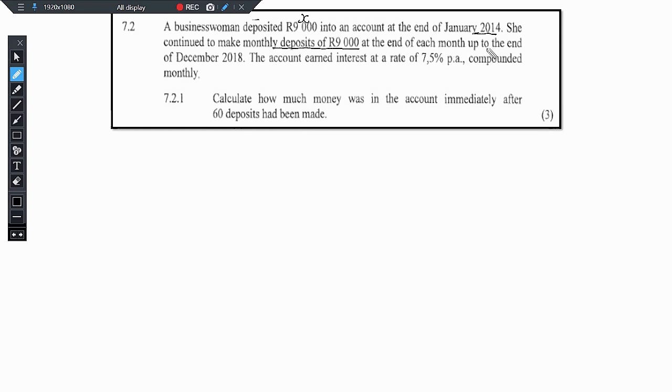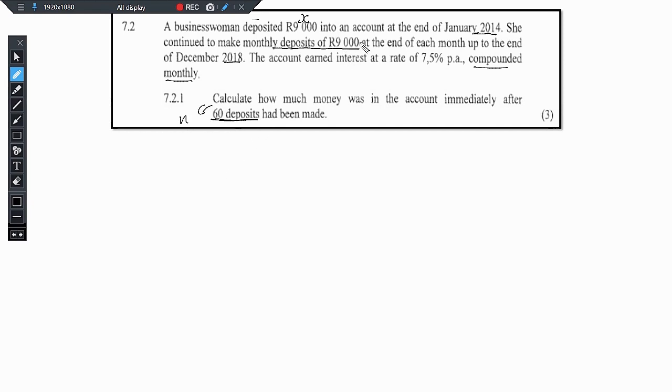At the end of each month, up to the end of December 2018, the account earned interest at a rate of 7.5% compounded monthly. So let's pay attention to our compounding period there. 7.2.1 says calculate how much money was in the account immediately after the 60 deposits. So we are being told that the number of deposits that are made are 60.